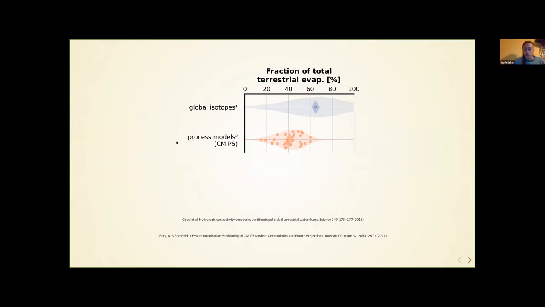You see right away that they no longer agree that transpiration is the dominant flux, at least in the ensemble mean. And there's a big spread from 20% to 60% across the models. And this is the last generation, CMIP5. Maybe they fixed it in CMIP6, I'm not sure. But maybe it shows we don't understand this process of transpiration on broad scales, at least as well as we would hope.